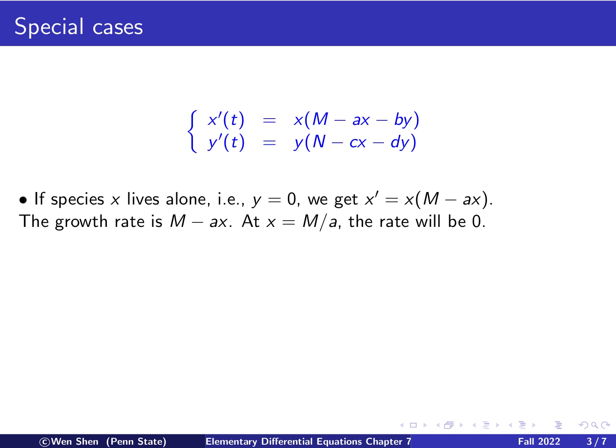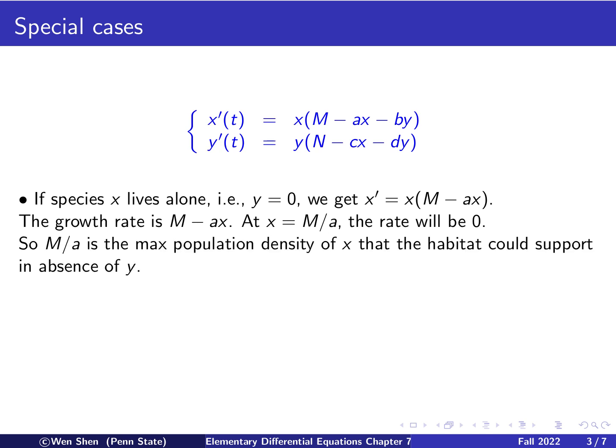Here the growth rate is the term M minus ax, and we also see that when this term is 0, that is when x equals M over a, then the rate x prime will be 0 and the population will stop growing there. Therefore the number capital M over a will be the maximum population density of species x that the habitat could support in absence of y.